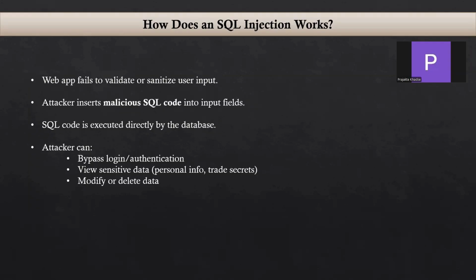When the user enters data, if that input isn't validated, it goes straight into the SQL query. The database executes it. The attackers can bypass authentication, view sensitive data like personal info, or modify or delete the data.